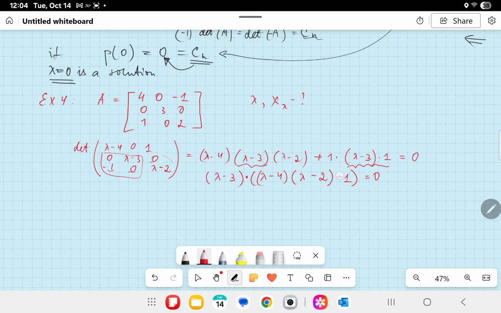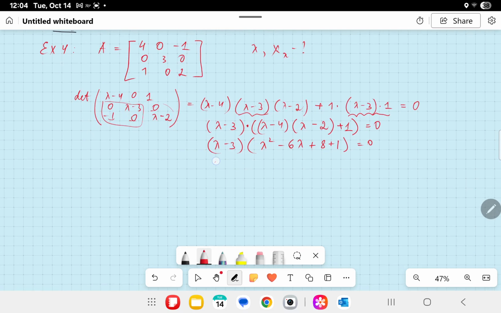Well, what I'm going to do, guys, is probably open this parenthesis and work a little bit with this equation. As I promised, the problem is not supposed to be too long, so it's going to be lambda squared minus 6 lambda plus 8 plus 1. Yeah, I see where it goes. So, guys, it's lambda minus 3, and what I have in this parenthesis is lambda squared minus 6 lambda plus 9.